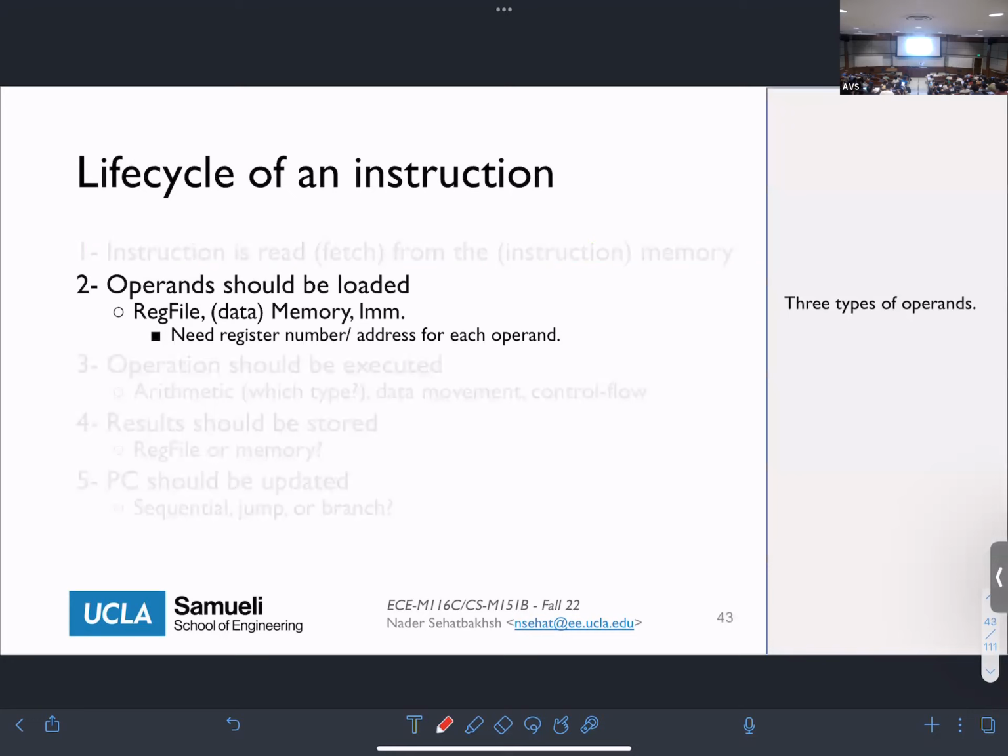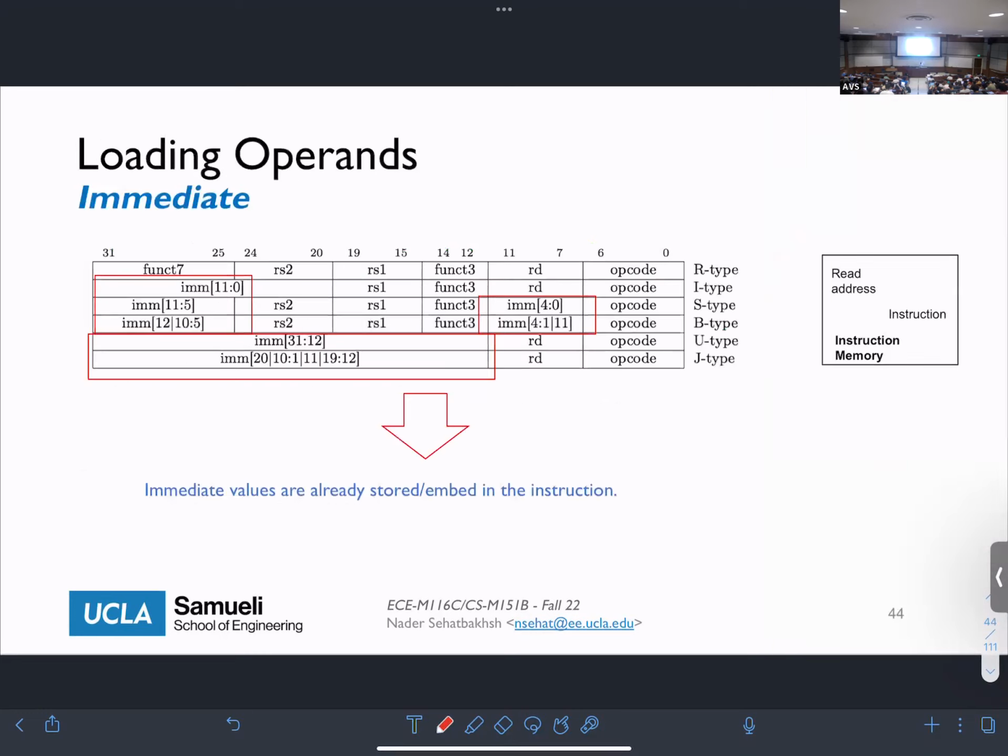So let's move on. Remember, I told you that there are 3 types of operands we need to load: the register file, immediates, and memory. Let's see how we can load these operands, starting with the simplest one, the immediates. It's the simplest because the immediate is already embedded into the instruction.